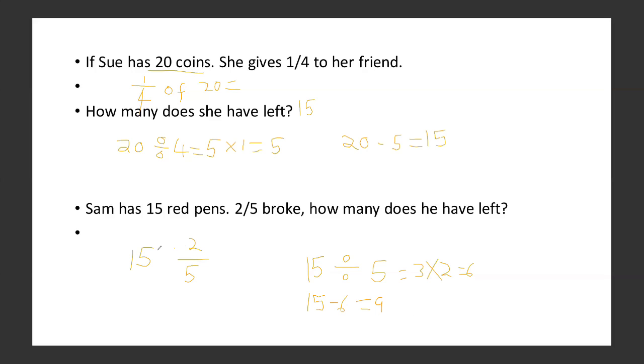So we did 15, 2/5. 15 divided by 5 gave you 3. You times it by 2, which gave you 6. 15 minus 6 equals 9, because 6 are the broken ones. And we want to know how many she has left.